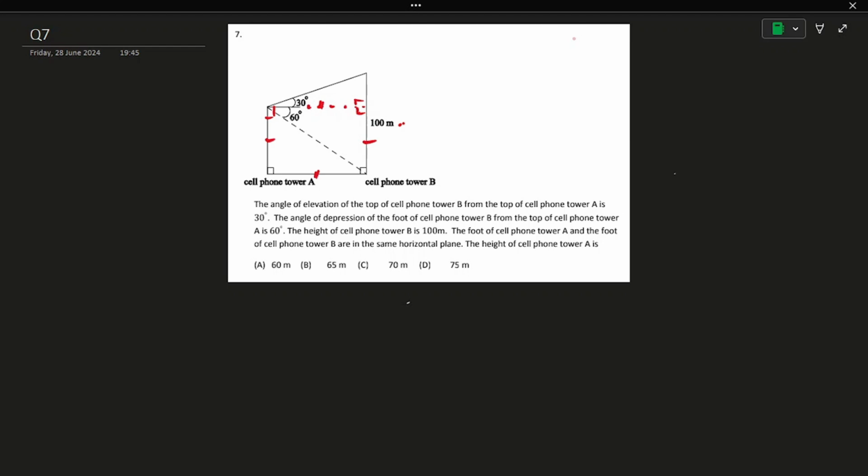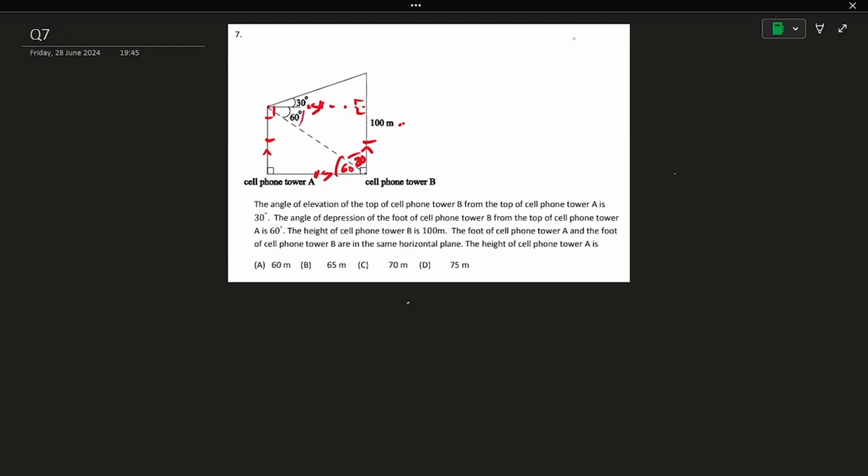Because they are in the same horizontal plane, this is parallel to this one. It's a rectangle, so this is also parallel to that side. If we know that these two are parallel, we can say that this is 60 degrees because it's alternating. And if this is 60, it's just 90 minus 60 to get 30 here.